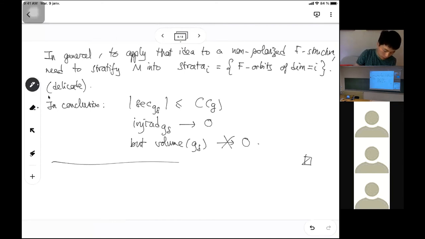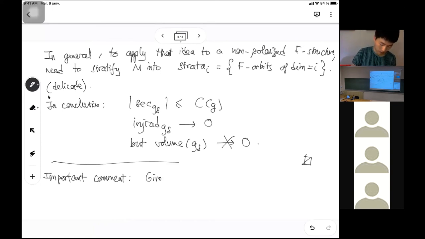Yes, an important comment is the following. By the way, the F structure was constructed by Cheeger and Gromov. The F structure is a structure that only sees what's happening on the scale of the injectivity radius of your manifold.